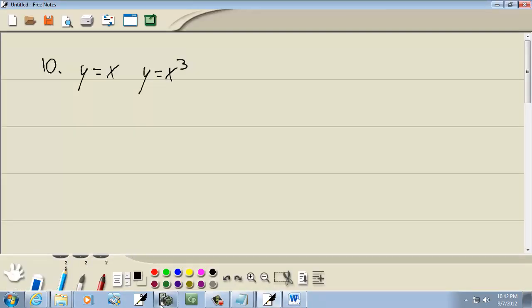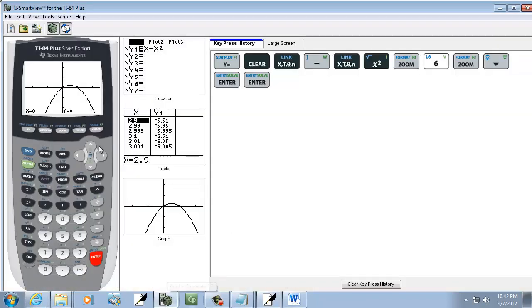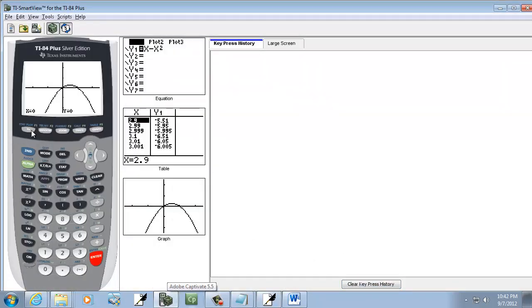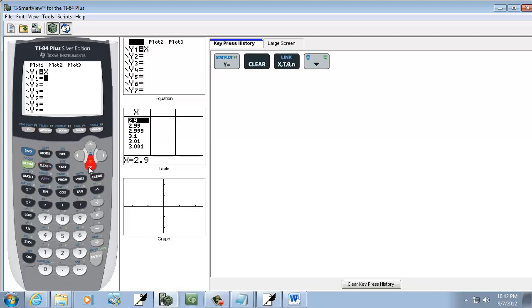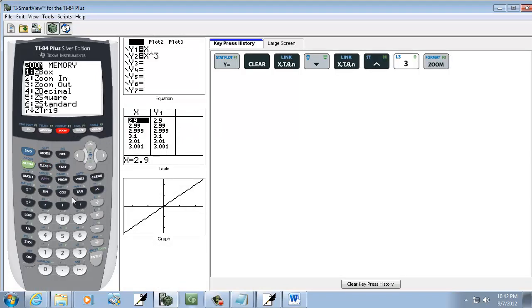Well, if I graph these, I'm going to press my y equals, clear, I'll put x here, and then down arrow to y2, and I'll put x to the third there. Then I'll do zoom, and I'll choose 6 for ZStandard.